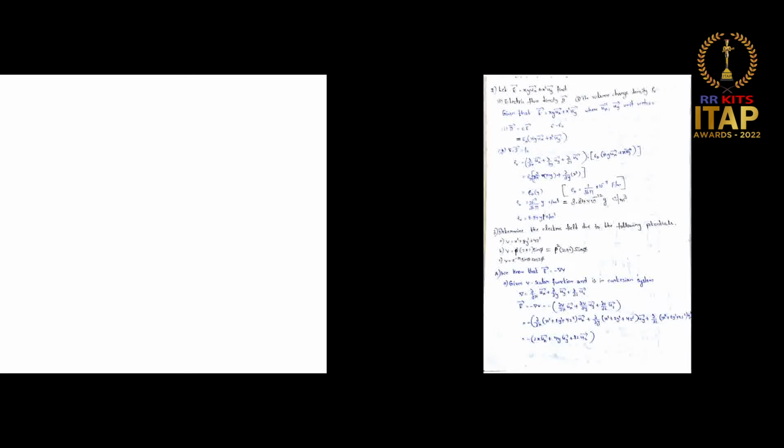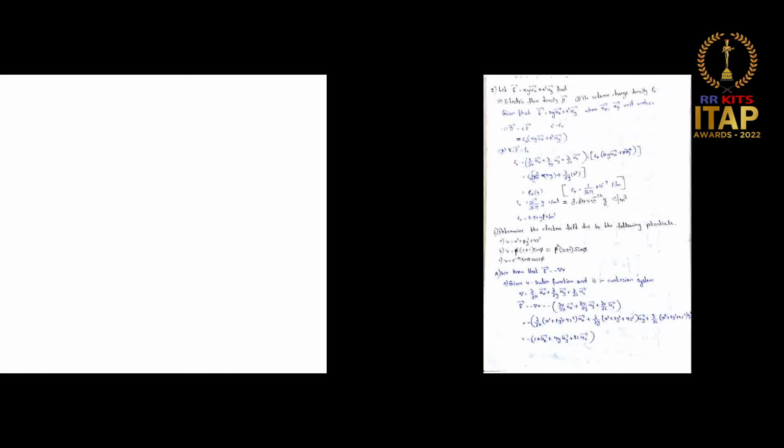Now the first quantity asks us to determine the electric flux density D bar. Once the electric field strength E bar is given, you can get back the electric flux density D bar. The relationship between them is D bar is equal to epsilon times E bar.